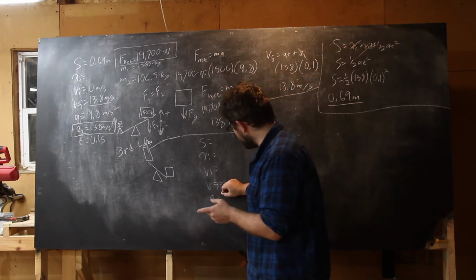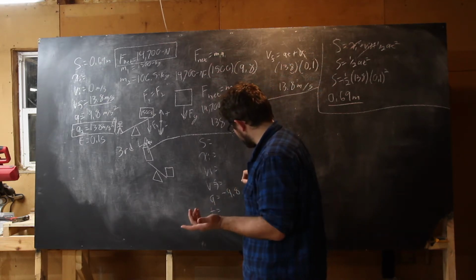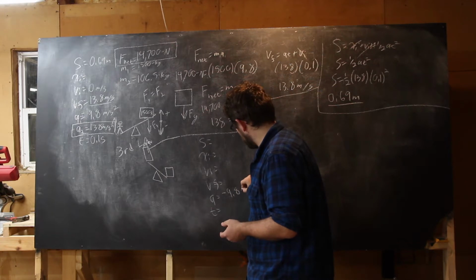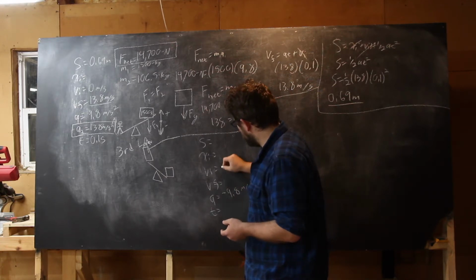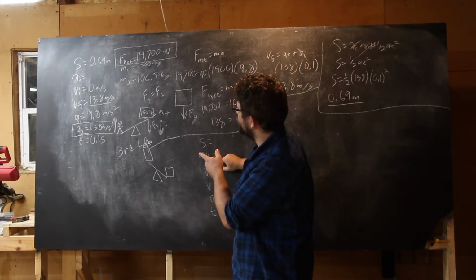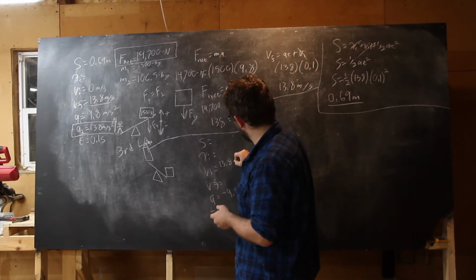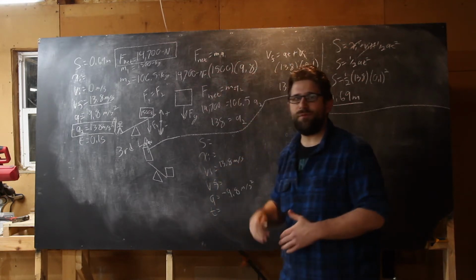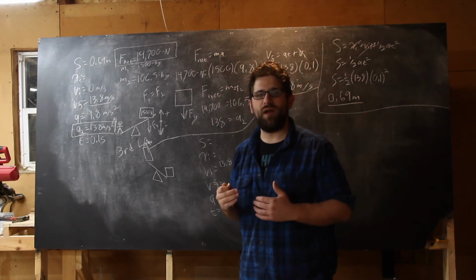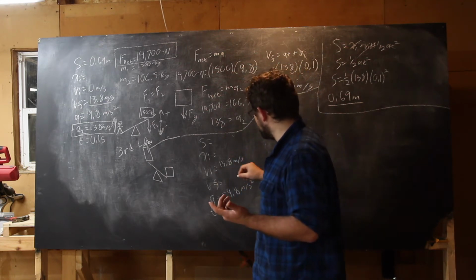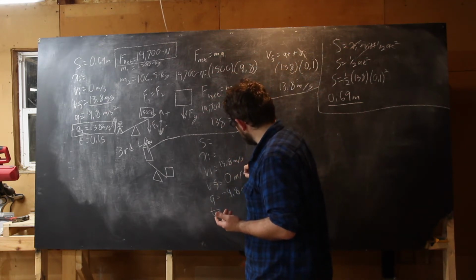So acceleration is going to be negative 9.8 because it's a free fall problem, right? Meters per second squared. My initial velocity is going to be 13.8 meters per second.